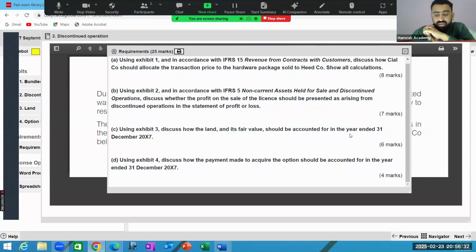Now, the license is a single asset. Should it be presented as arising from a discontinued operation in the statement of profit and loss?